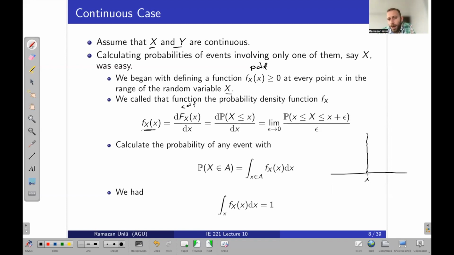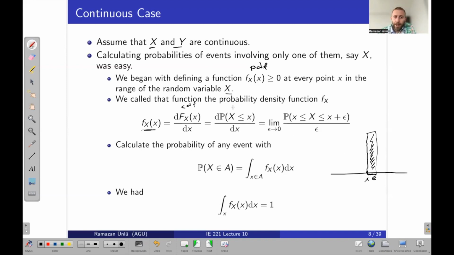Instead, I can take an epsilon value and create a rectangle here, and I can calculate the area of this rectangle. And if this epsilon is very close to 0, that will be a much better approximation, right?